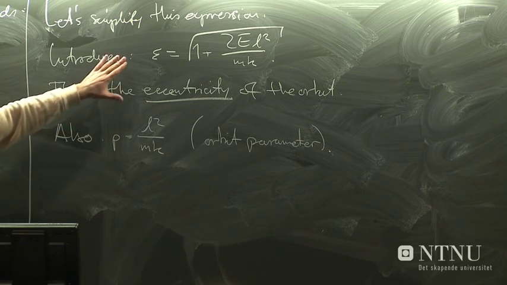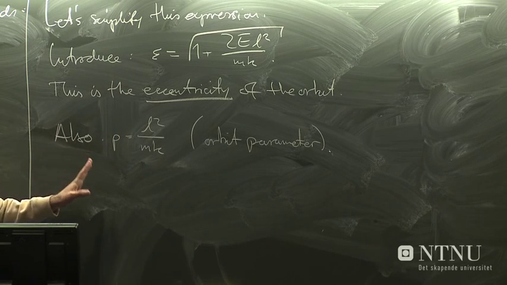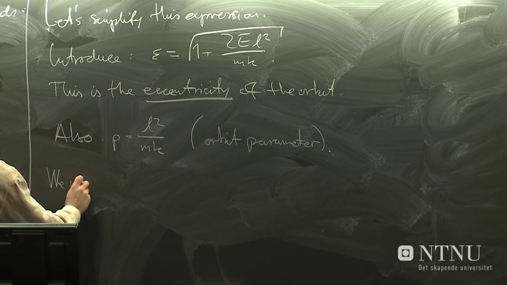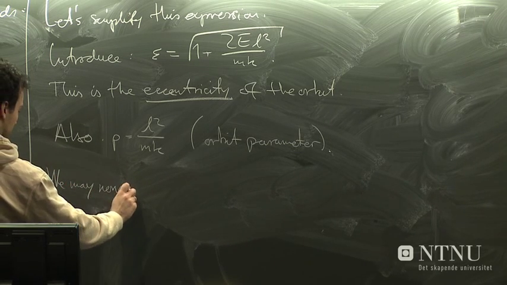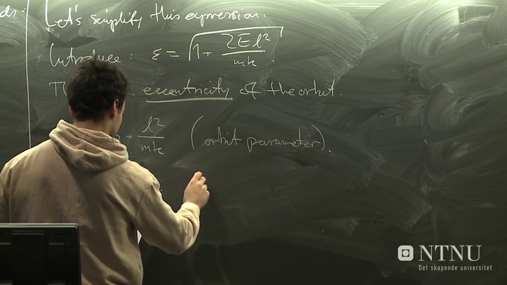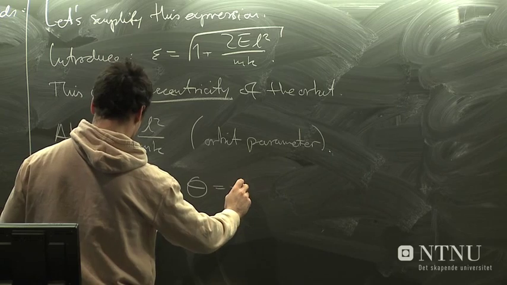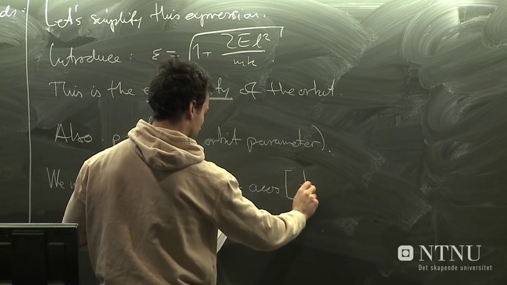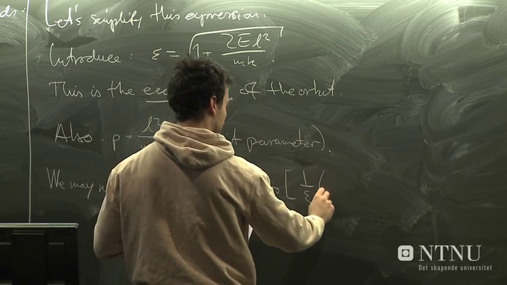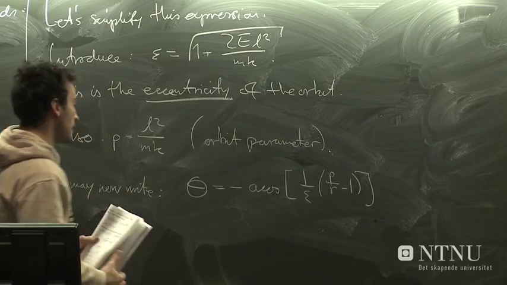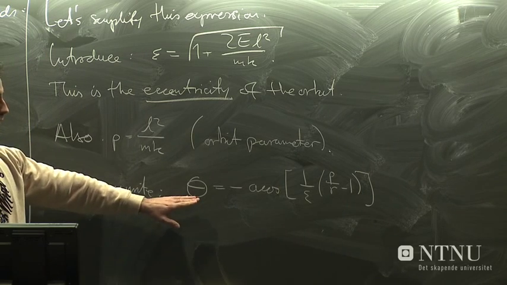If we now introduce these two quantities, the eccentricity and the orbit parameter, we can write theta like this.